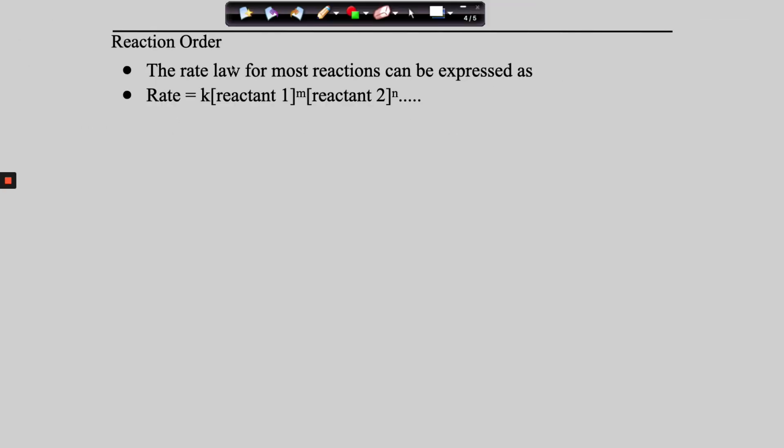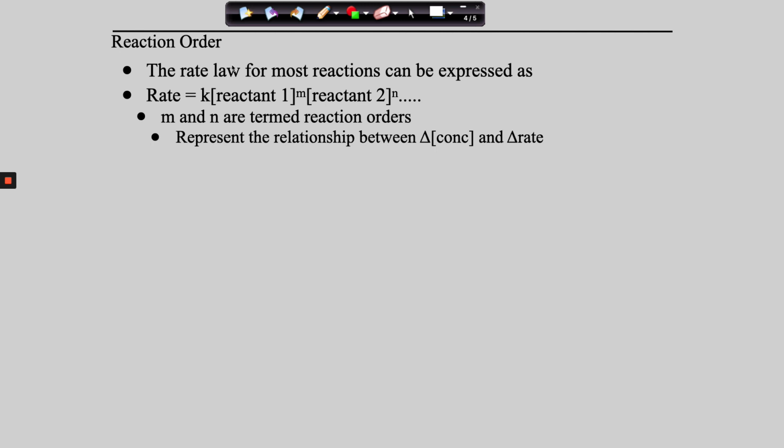So with that said, M and N are what are called reaction orders. These reaction orders represent the relationship between change in concentration and change in rate. But as we said, it's often not just double this, double that.